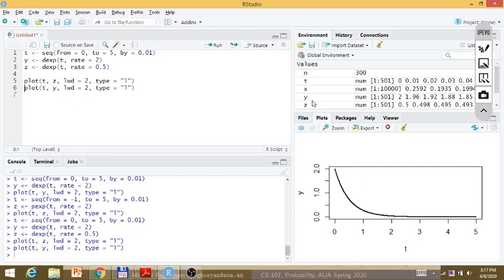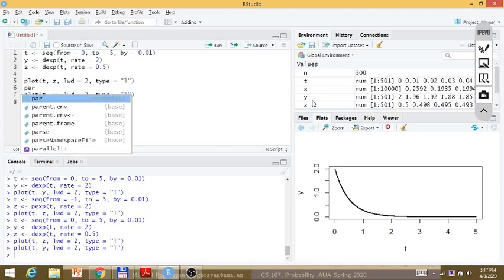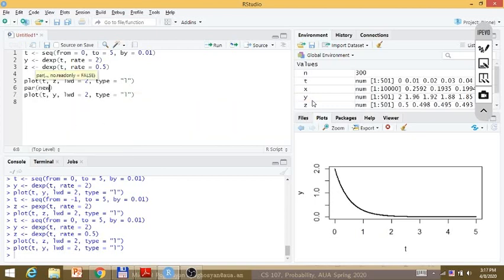If I want to keep the previous one, I need to add, say, the parameter new is equal to true. Now, if I run, I will have 2 graphs. I want to change the color of the second one, to understand which one is which. The color is, say, red. Okay, now I'm running this.